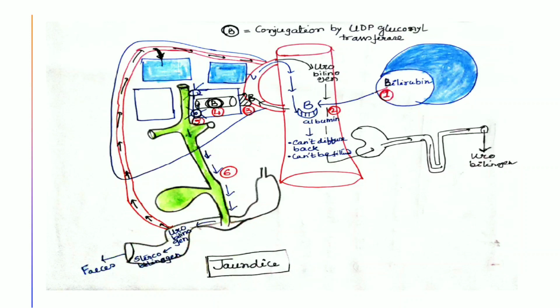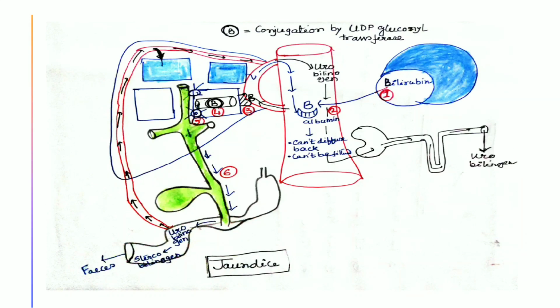Inside the hepatocyte, this bilirubin will undergo conjugation by the UDP glucuronyl transferase enzyme. This enzyme converts the unconjugated bilirubin to conjugated bilirubin. After this conjugation, the hepatocytes have two sides: one is the sinusoidal face, and the other is the canalicular face, facing the bile canaliculi.